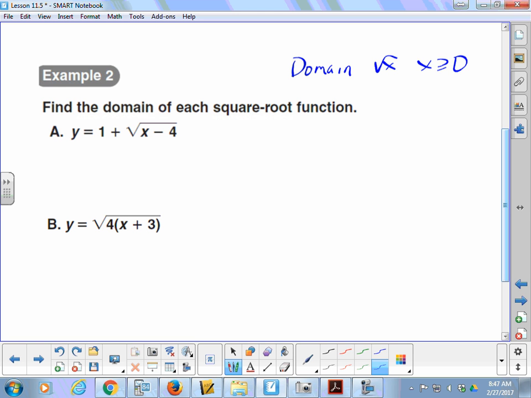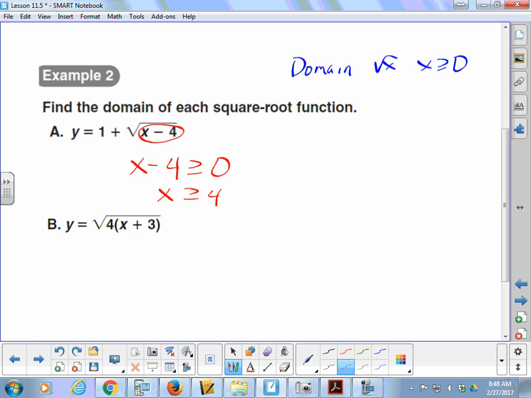So when we're looking at domain, we have to look at what's under the radical, and that part must always be greater than or equal to 0. In this situation, we have x minus 4. Well, the domain is going to be x is greater than or equal to 4.